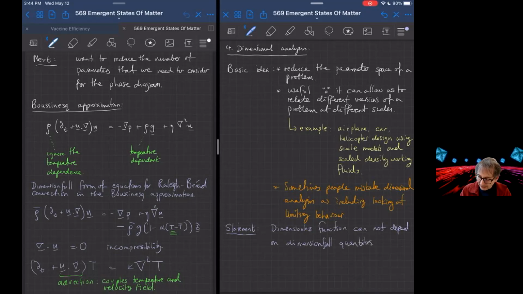So that's a basic statement, and in fact, it can only depend on dimensionless quantities.